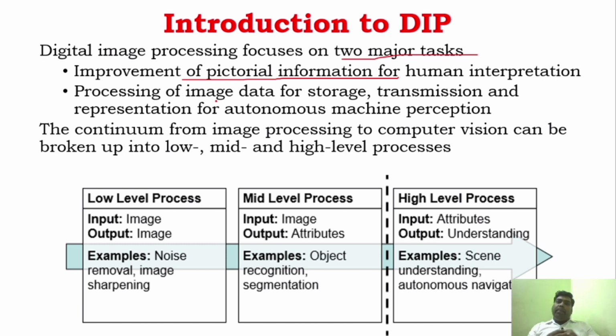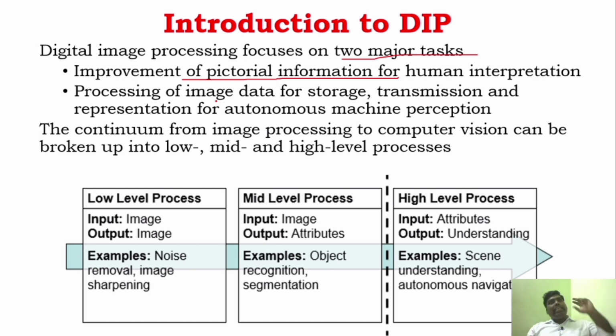Whatever we are trying to do, making the machine recognize a particular image, identify an object, or identify a scene, everything comes under the basics of digital image processing. So computer vision is an evolution of digital image processing.